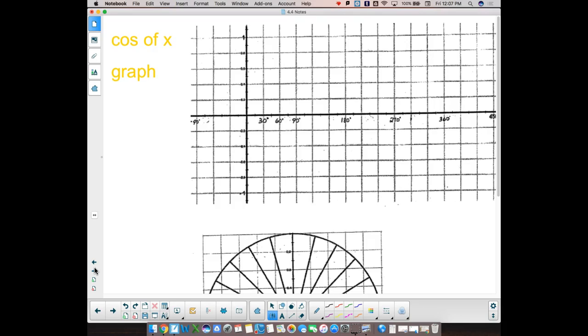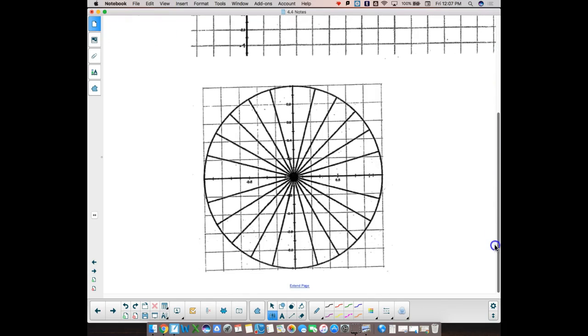But now, what are we measuring? Because now cosine is what? X, which is? No. Distance from the vertical, right?